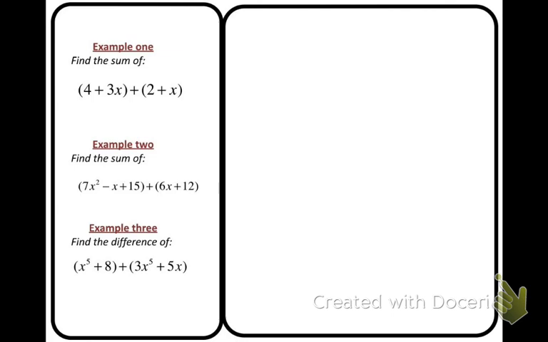Now example 2. Find the sum of 7x squared minus x plus 15 plus 6x plus 12. Again, first thing we notice is that there's an addition sign between these two parentheses, so we don't have to do any distributing. There's no point in distributing a positive 1. Anything times 1 is just itself.